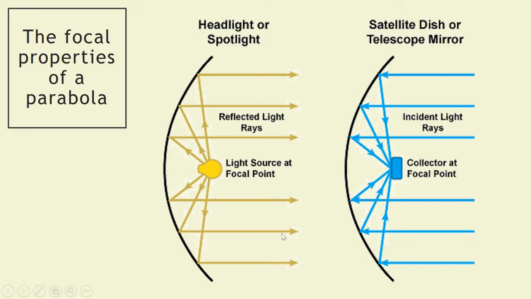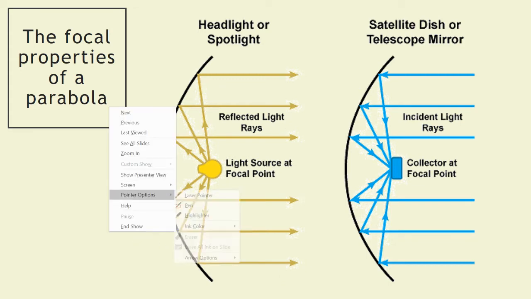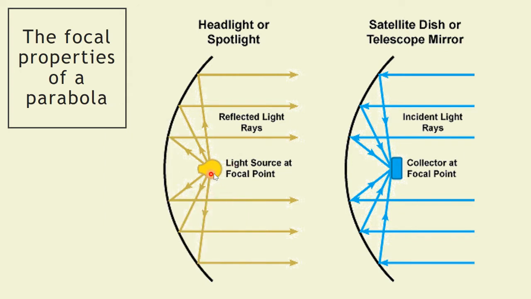So the light all ends up going in the direction that our car is traveling. Okay, that's what we want to be seeing, that the light is all in the right direction for us. So the light starts here, it goes along, hits the parabolic mirror and comes out, and they all come out in parallel lines. So the light's all in the direction that we're traveling.